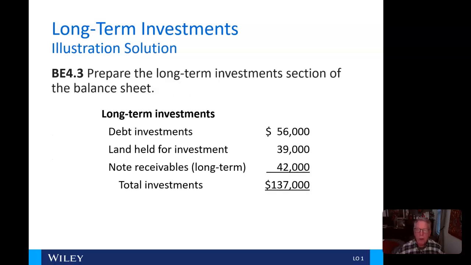Okay, how we're going to do that, we're going to list our long-term investments as a classification. And then under that, we have debt investments, land held for investments, note receivable, long-term total investments. Okay.